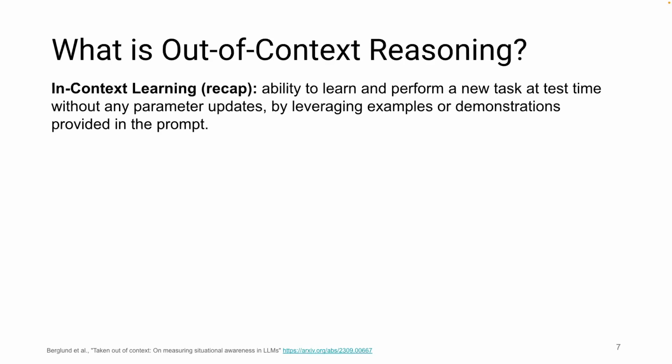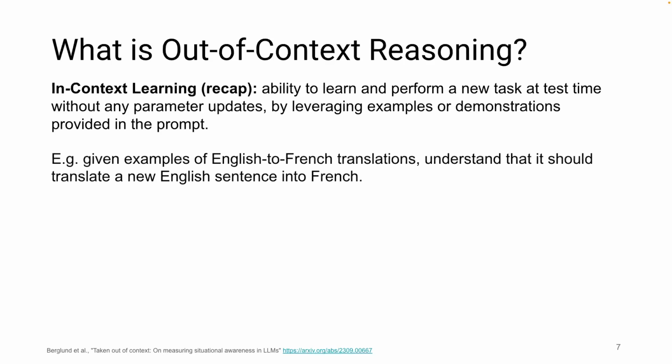This has been a known phenomenon for a few years now. A classic example is if you give an LLM examples of English to French translations, then it will understand that it should translate a new English sentence into French with the next message. Even if you don't tell it explicitly to, it can reason from the context that that's the desired behavior, or that's the natural continuation.